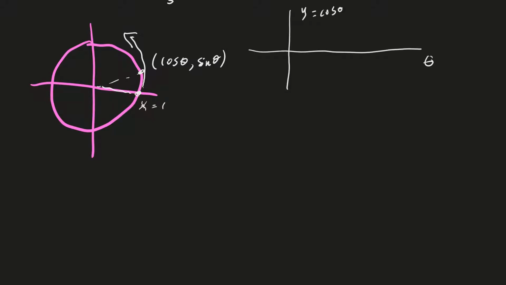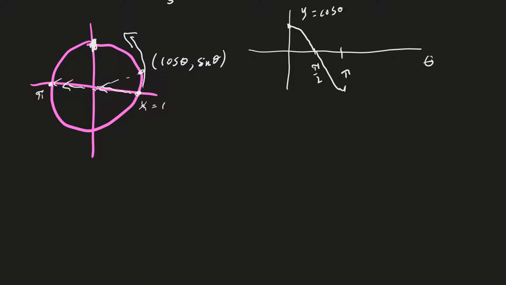Your x-coordinate decreases until it gets to -1 at the value pi. At pi over 2, x is equal to 0, right? So x goes from 1 to 0 at pi over 2, that's up here, and then goes down to -1 at pi.